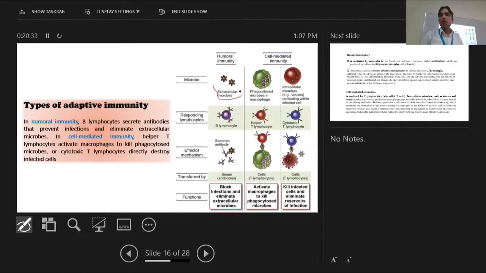Something is not present between the cells; something is present in the lymphatic system, something is present within the bloodstream, away from the cells. We cannot deal with those things unless we send the response into the bloodstream. And that can be done, most of the time, with the help of the antibodies produced by the B cells. That is called humoral immunity.